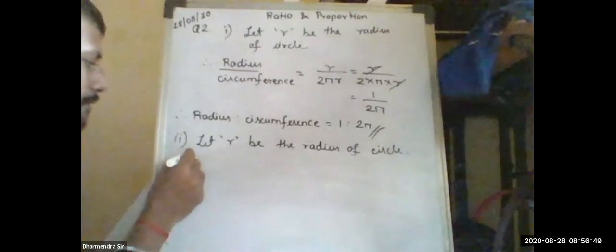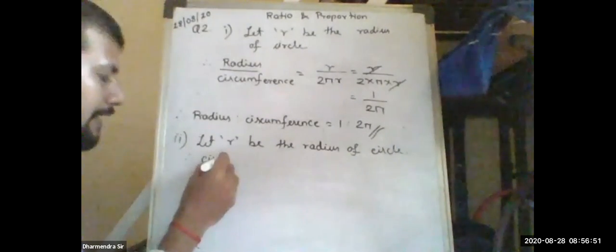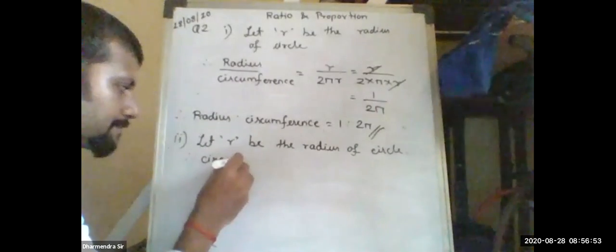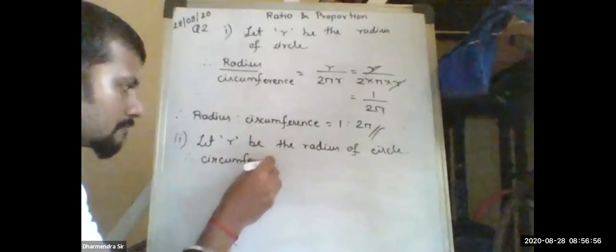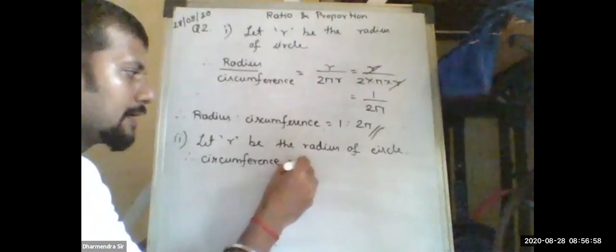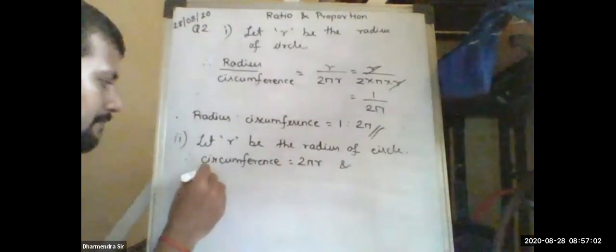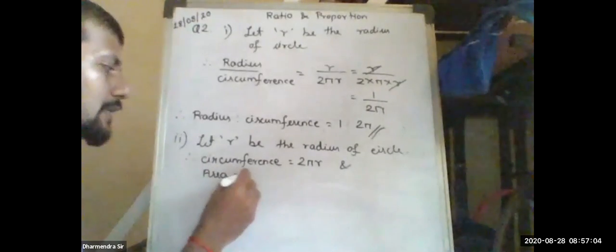So therefore its circumference is given by 2 pi r and area is given by pi r square.